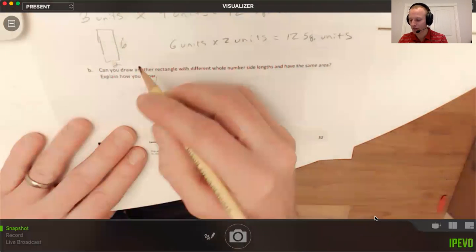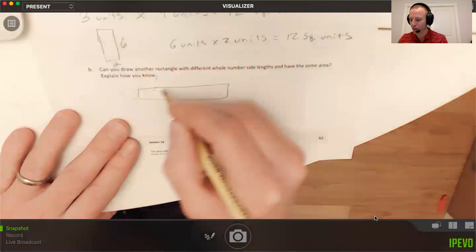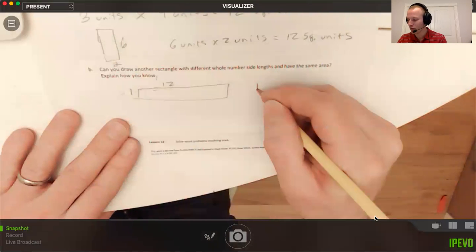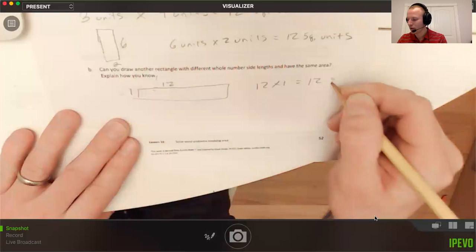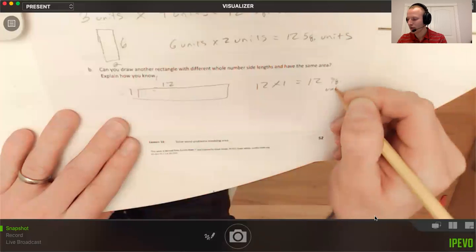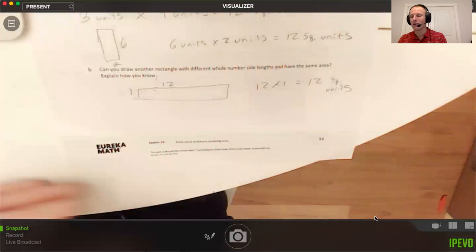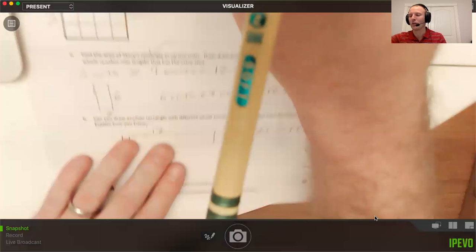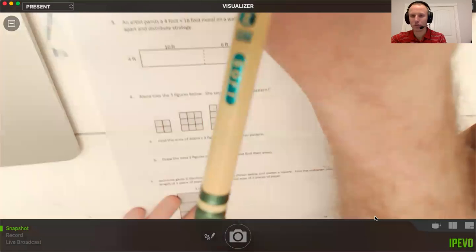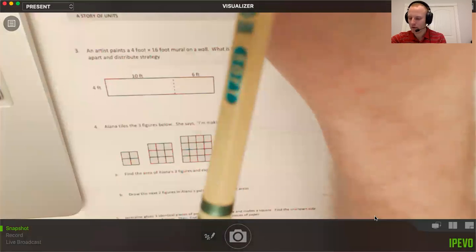So we could just make a 12 by 1. 12 times 1 equals 12 square units. Sometimes it's best not to overcomplicate things. If the answer is right in front of you, it's best to just do it rather than make it too complicated.